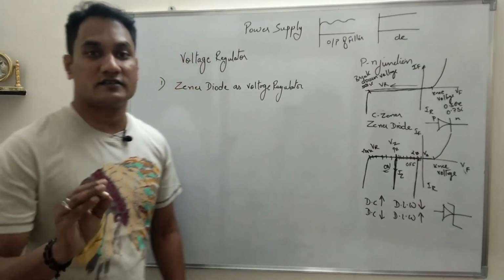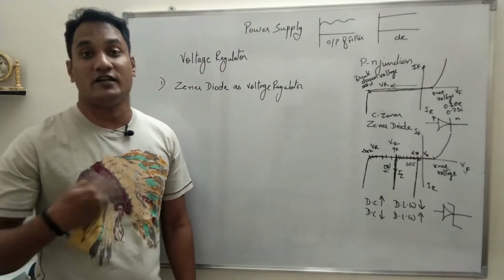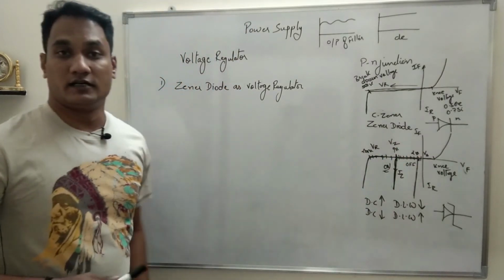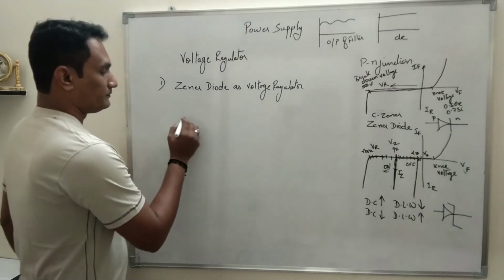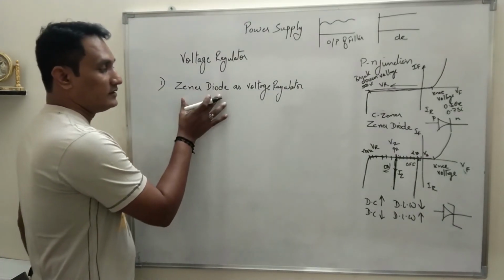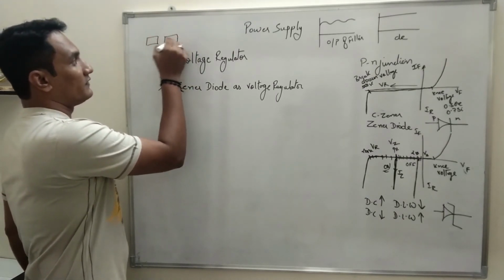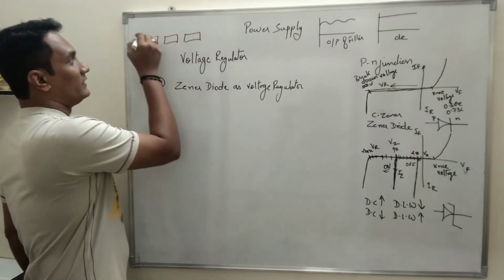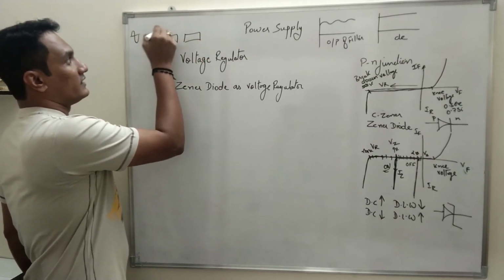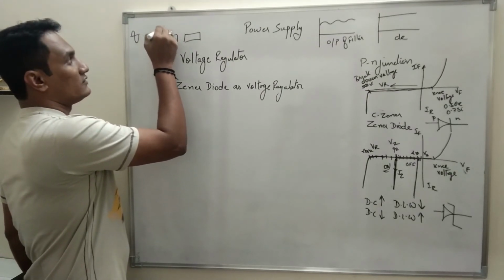Let us draw the circuit diagram for the Zener as a voltage regulator and try to understand what we were suggesting at this juncture. What is the input? If you remember, the first stage was a transformer, then the rectifier, then the filter. The transformer converts high AC voltage, high AC current to low AC voltage, low AC current.